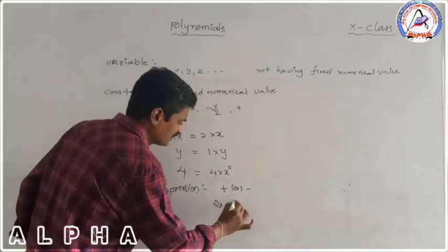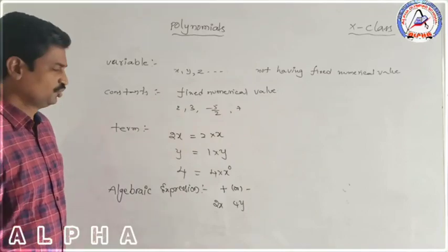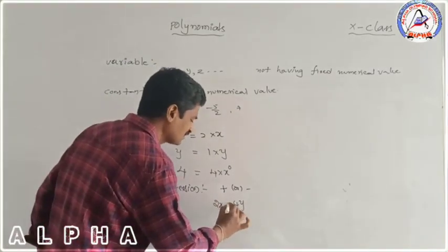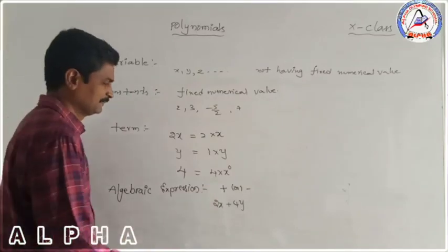Suppose 2x plus 4y. These are two terms joined by plus. This is called an algebraic expression.